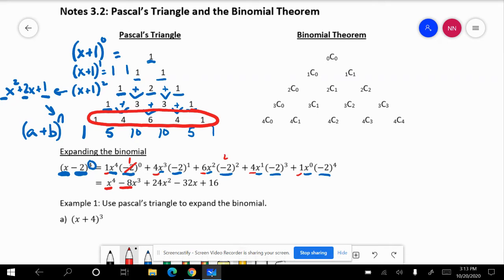Negative 2 squared is 4. 4 times 6 is 24, x squared. Negative 8 times 4 is negative 32, x. And negative 2 to the 4th is 16, times 1 is 16. So that's how we expand binomials.